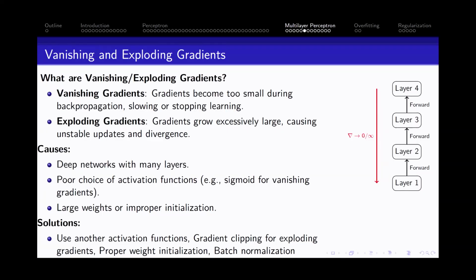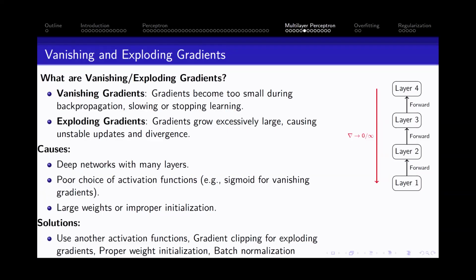If you have a poor choice for activation function, any of those functions that we just discussed, or even more, so it's not an appropriate choice, you may replace that. Or if you have large weights or improper initialization of weights, which we just discussed.